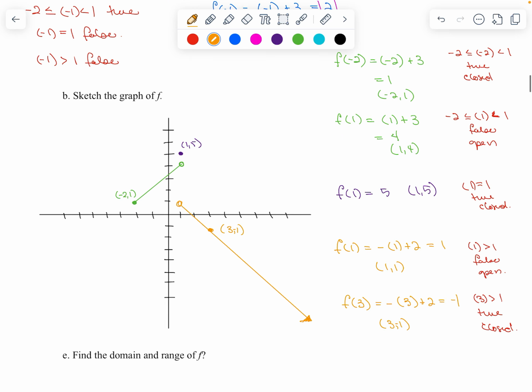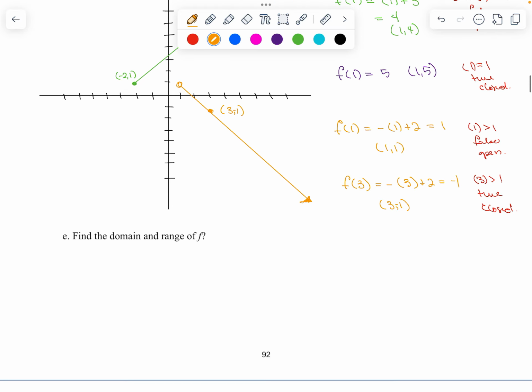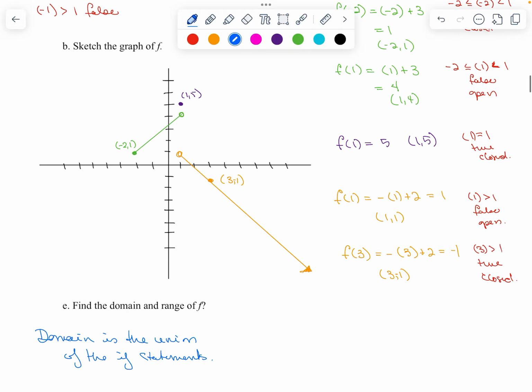And so we have now our graph. All right. To find domain and range. So for domain, it is the union of the if statements. Okay, so we're going to just kind of union them all up.